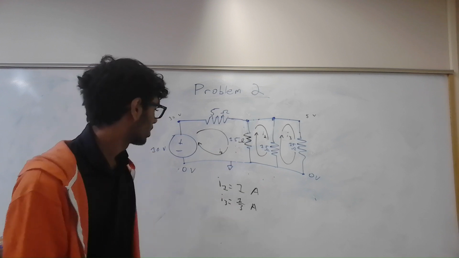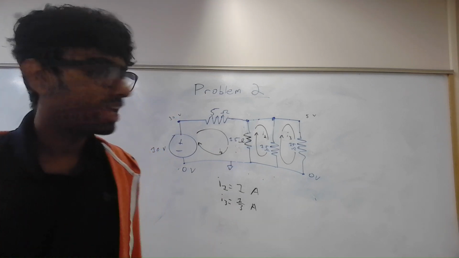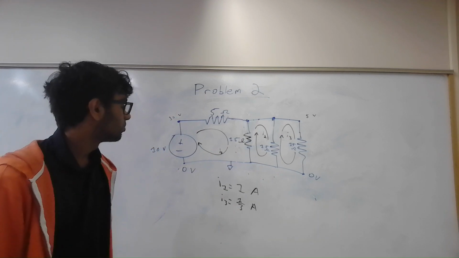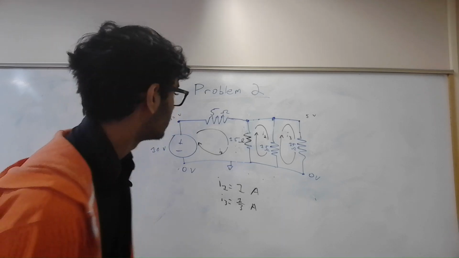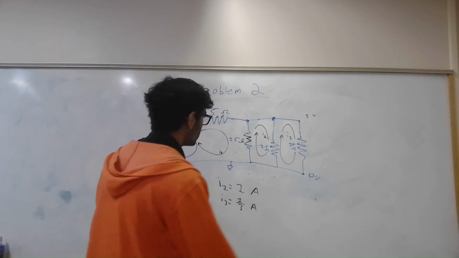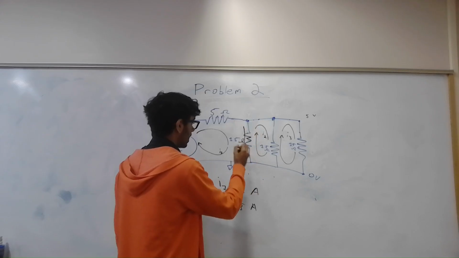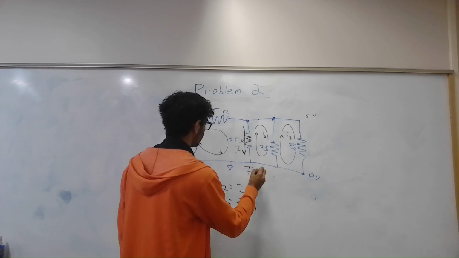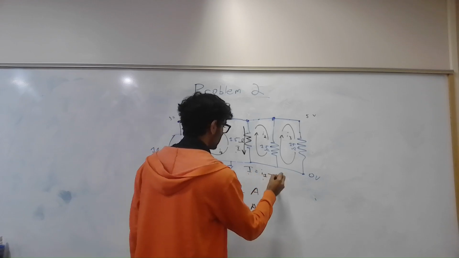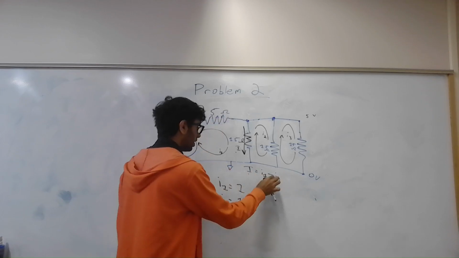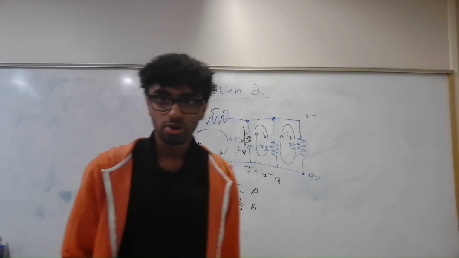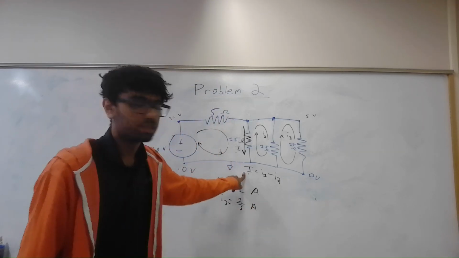Okay? So now our goal is to calculate I2. So let's figure out what I2 is. We know that this current right here is I, and I is equal to I1 minus I2. Well, as we calculated before, we know that I is just equal to 1/3.